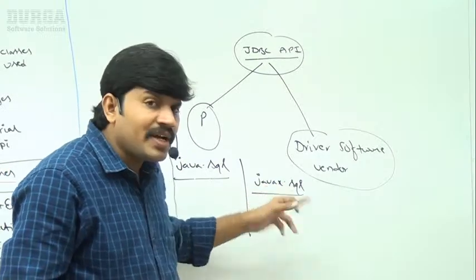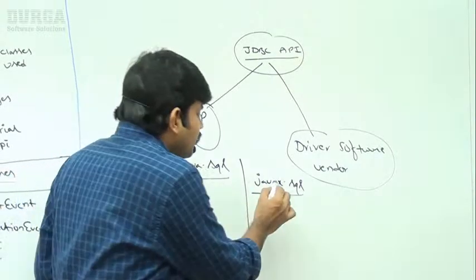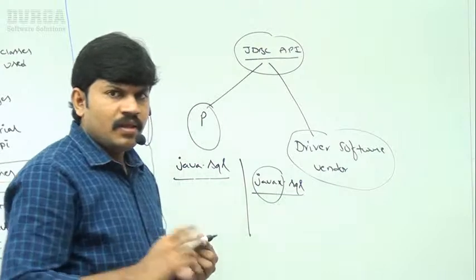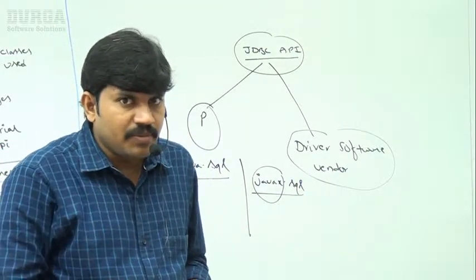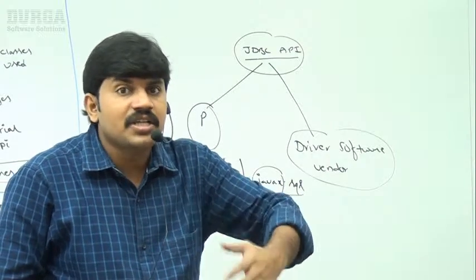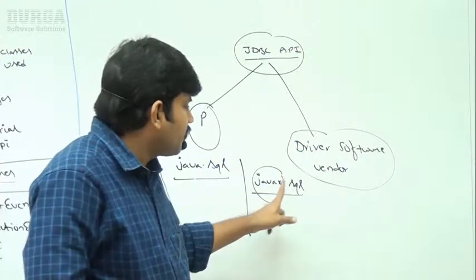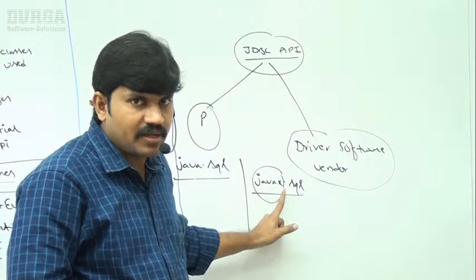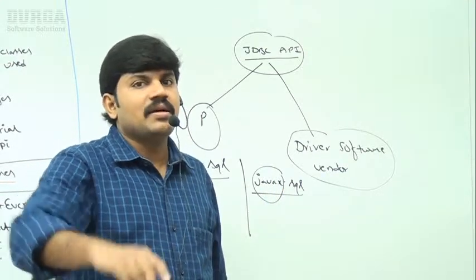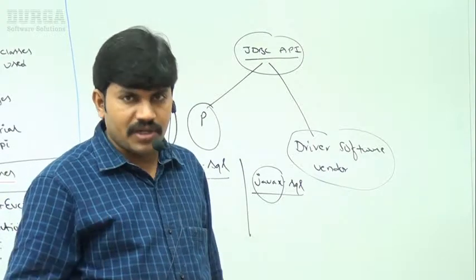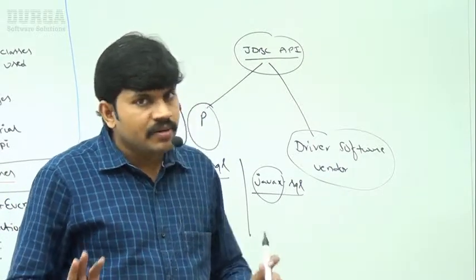But javax.sql, what is the meaning of X? Java extension. Remember, these ones are a bit advanced. X means extension. So the javax.sql package contains more advanced classes and interfaces which can be used for database communication.